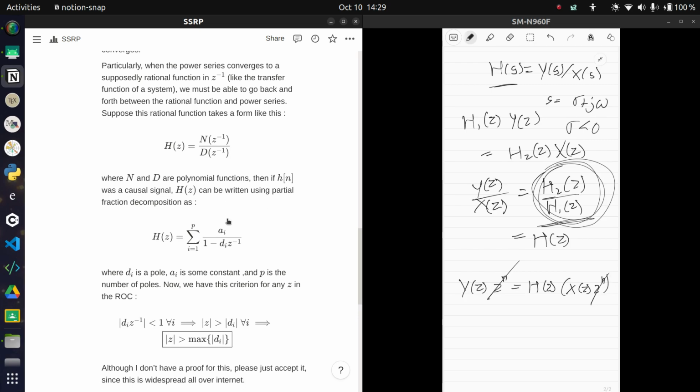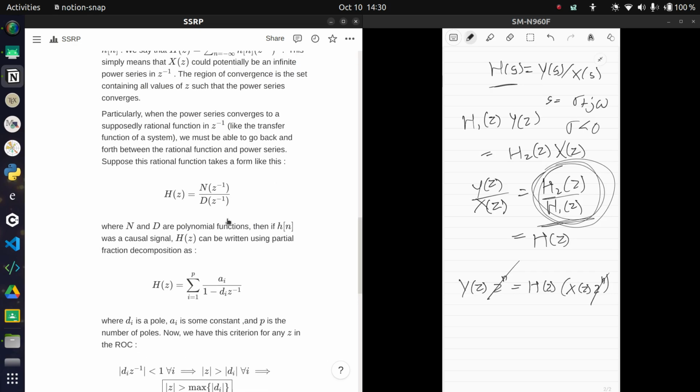What should happen is that for every pole, you have |d_i z inverse| less than 1 for any z in the region of convergence. So the region of convergence is basically defined as the magnitude of z being bigger than the highest magnitude of the poles.